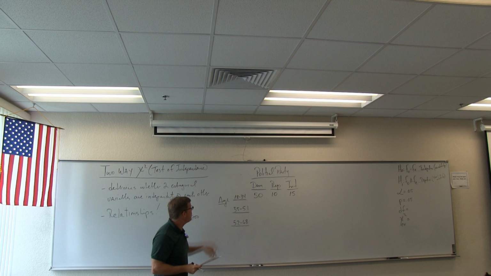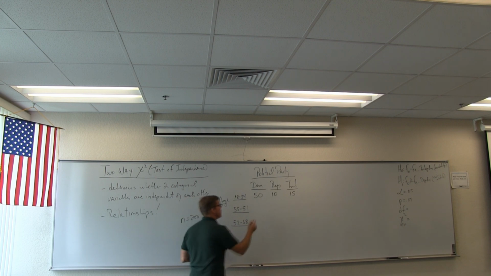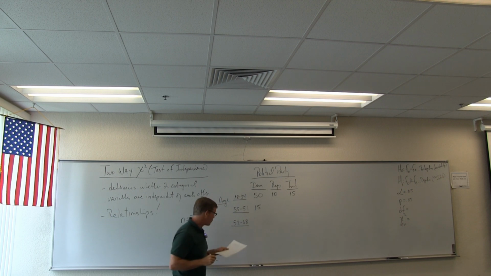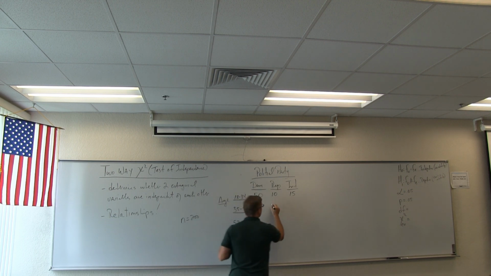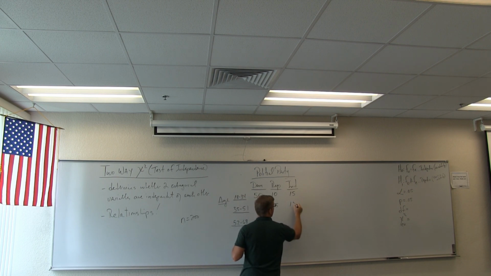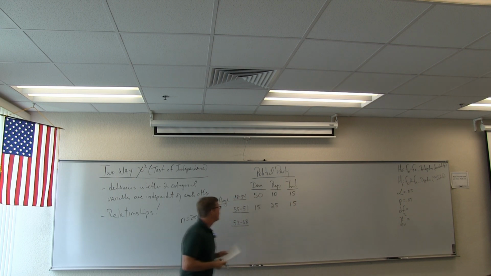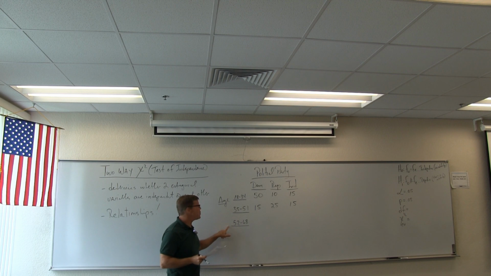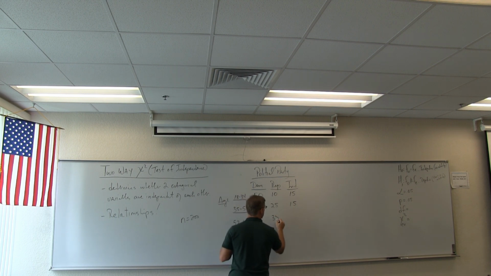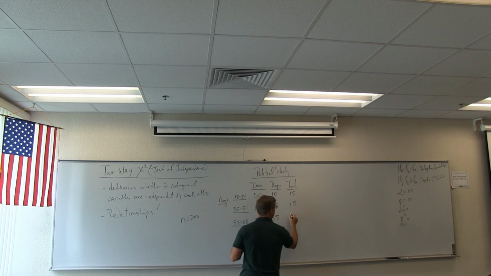In the 35 to 51-year-old age group, 15 individuals told me they were Democrat, 25 Republican, and 15 independent. In the 52 to 68 age group, 25 said they were Democrat, 35 Republican, and 10 independent.